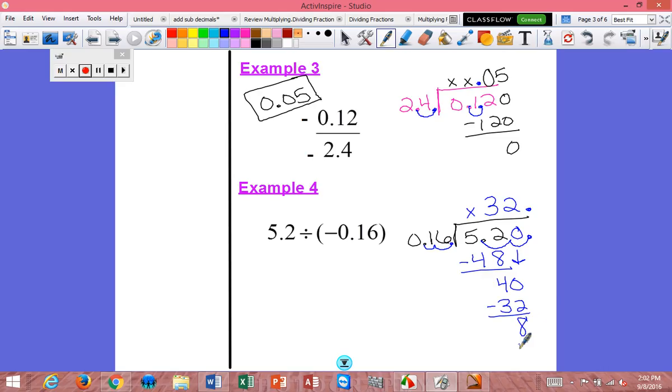We get 8 left over. Now I'm going to annex a 0, and 16 would go into 80 5 times evenly. So we get 32.5. We had a positive divided by a negative. Different signs means we have a negative answer.